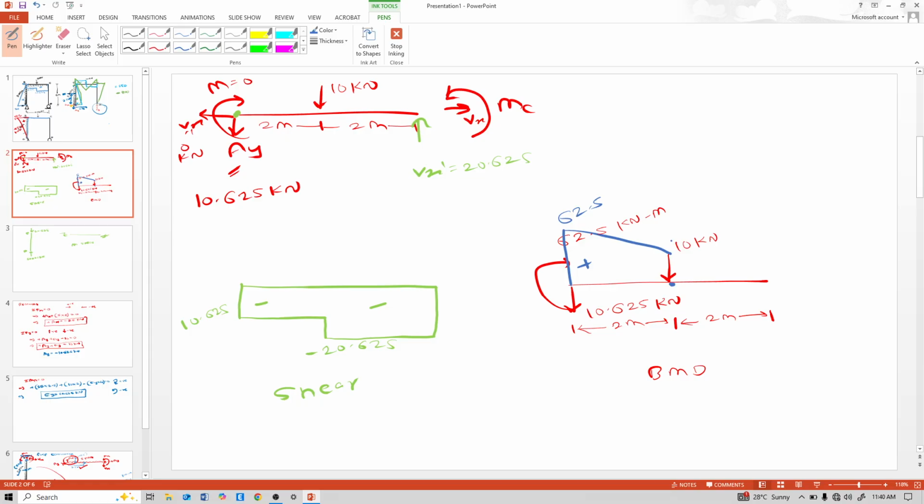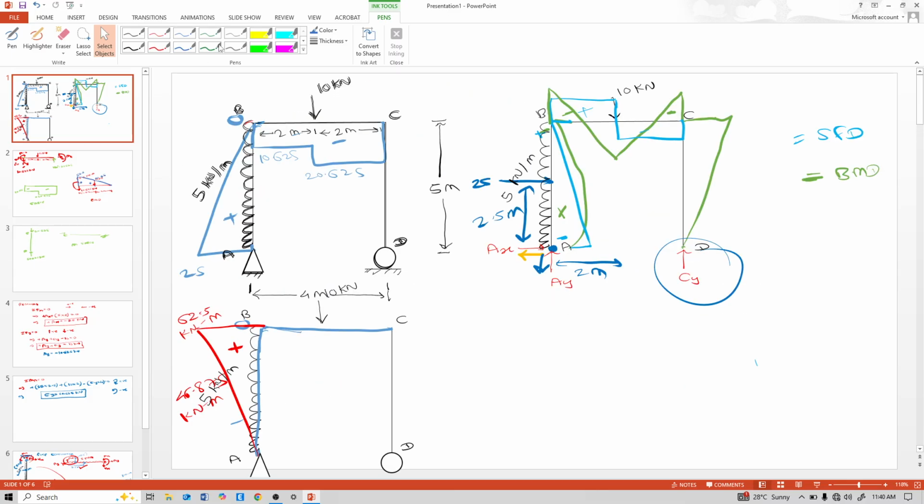Then 62.5 here, 41.25, and at this point minus 10.625 into 4 total distance. This is clockwise positive 62.5. Again this 10 kilonewton, minus 10 into 2 is 0. So here it is 0. So this is also positive moment, 62.5 and 41.25. We will check this in STAAD Pro software also.